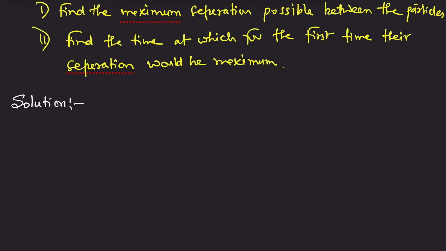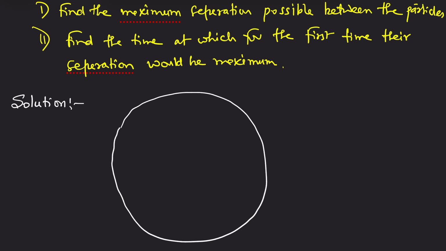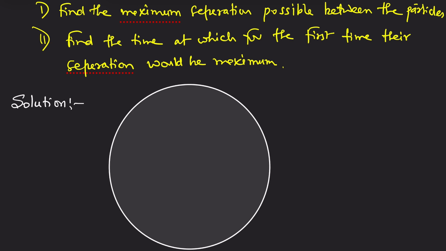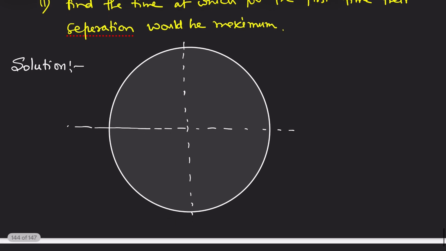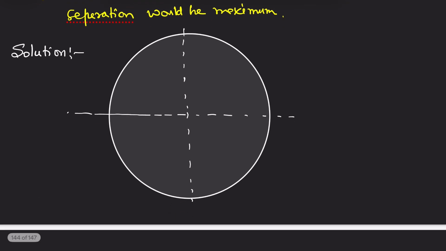So guys, what I'm going to do here is take a circle, and we have two particles. I'm going to show them with two different colors, and then we'll see how we solve this problem, guys.